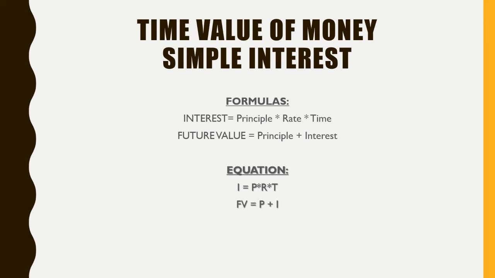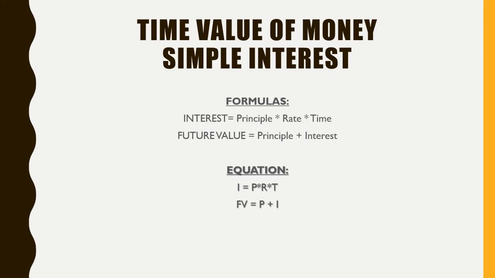A best way to memorize this is "pretty": PRT equals I. And then the second formula is to determine future value, which is your principal plus your interest. So once again, when we're calculating the amount of interest, we only calculate it once, in the amount of years that is assigned.